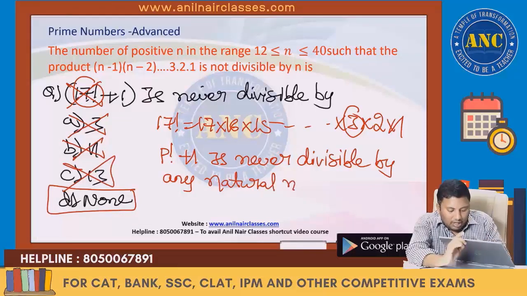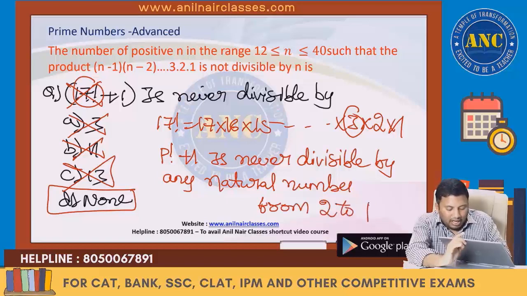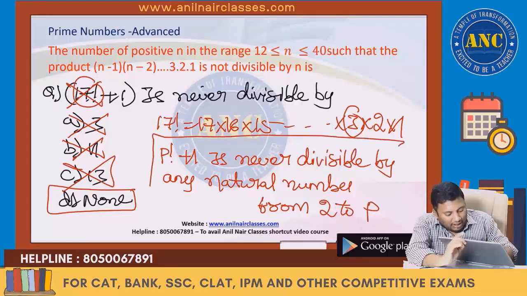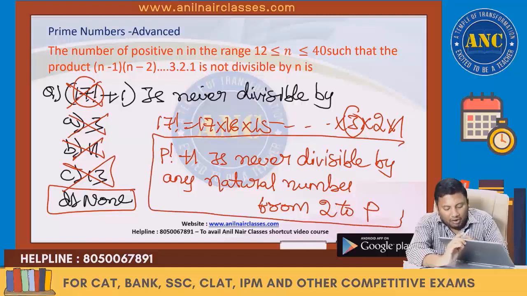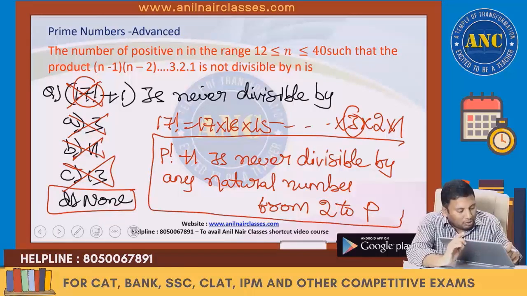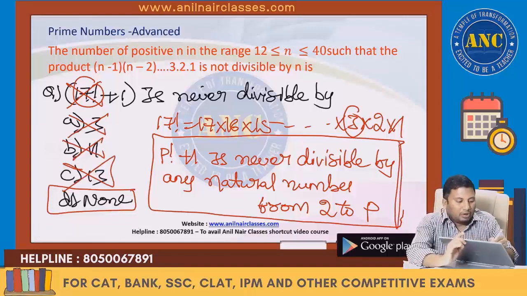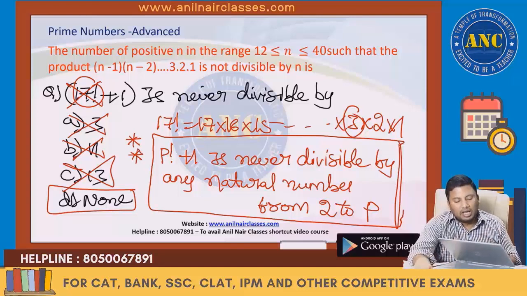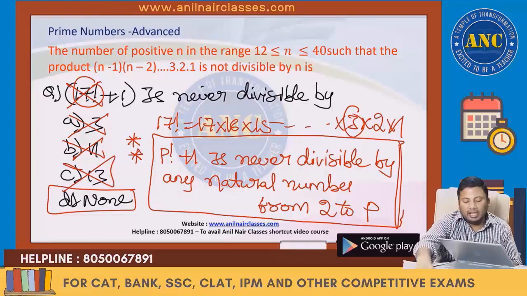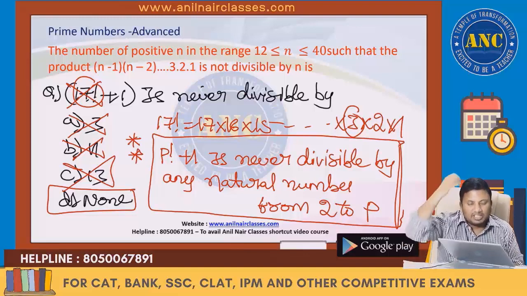Please write down. p factorial is divisible by every natural number from 1 to p, because p factorial is nothing but the product of all natural numbers from 1 to p. I hope this point is clear. p factorial plus 1 is never divisible by any natural number from 2 to p. This is one question.